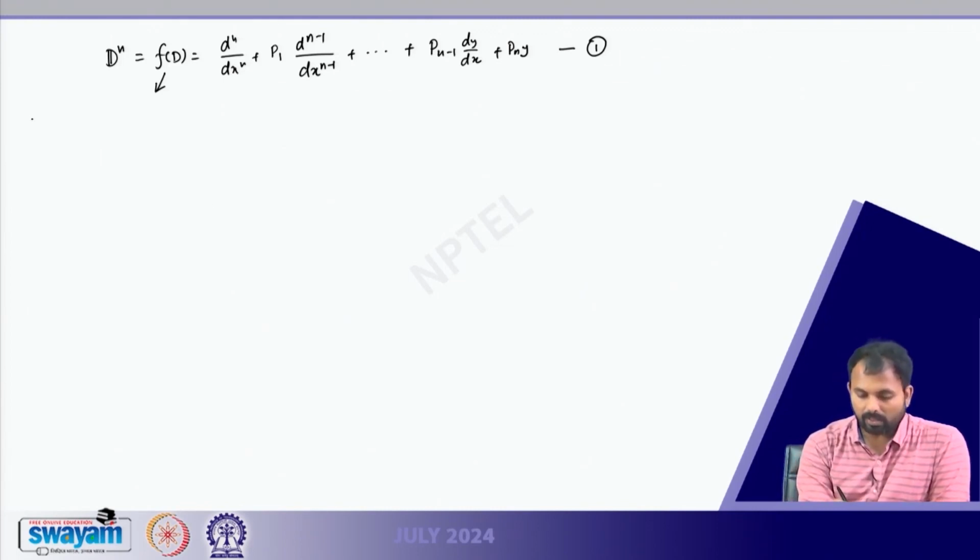Now we want to understand what is this symbolic operator 1 by F(D).